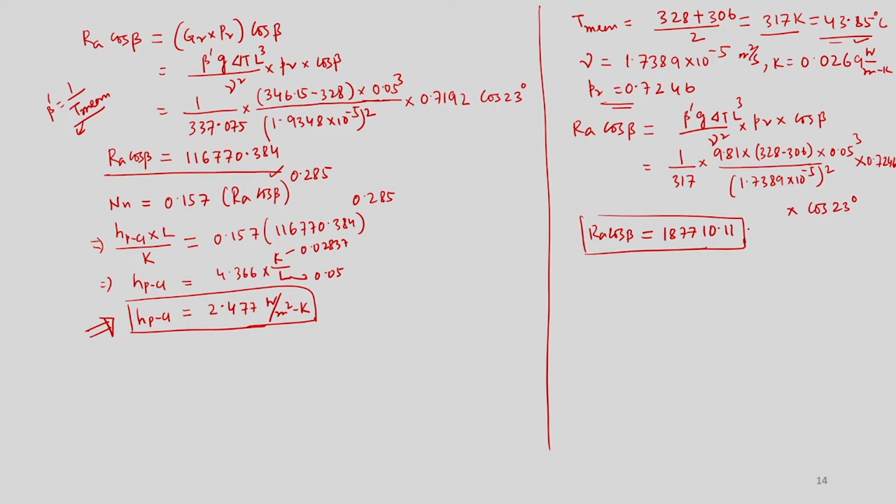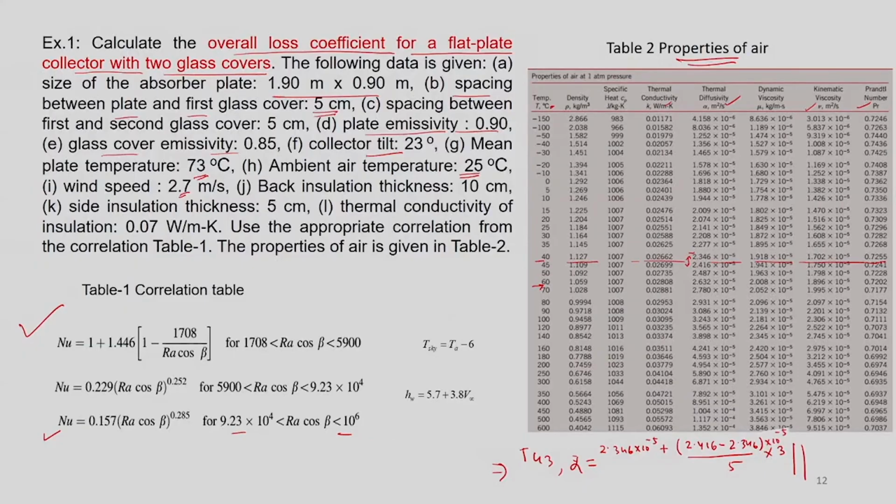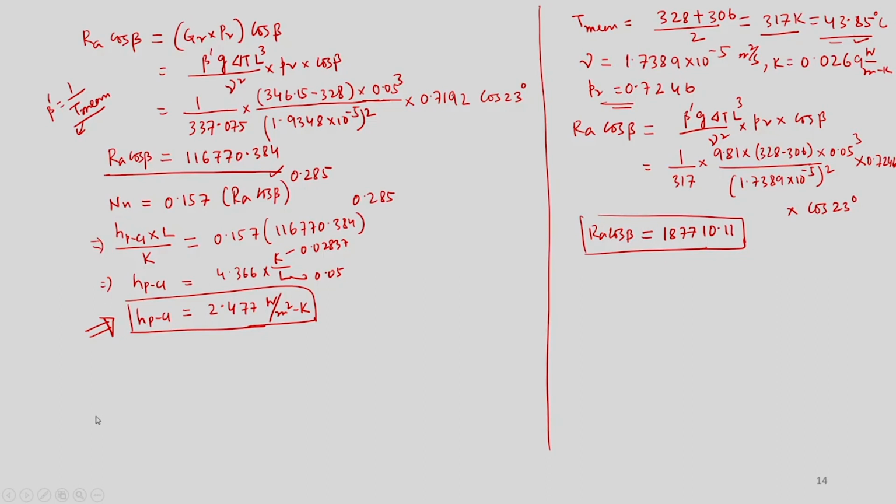Once you know this, then we can again see which correlation is appropriate for us. This is 187710. So, again the same correlations we need to apply. This value is also in between this range, so the same correlation you need to apply. The correlation is: h_c1-c2 L by K is equal to 0.157 times 187710.11 to the power of 0.285.